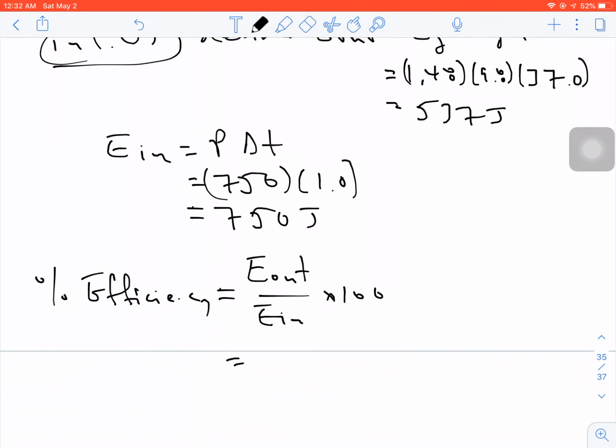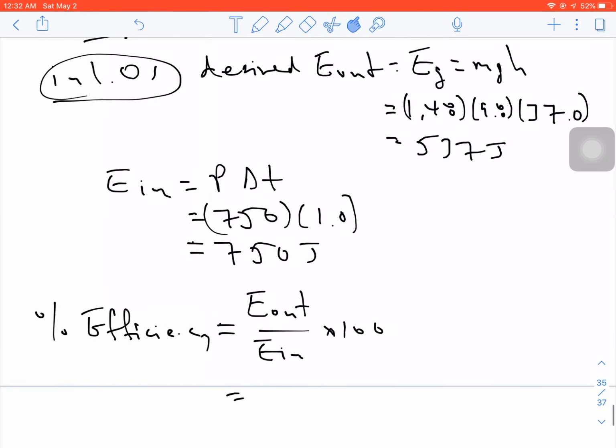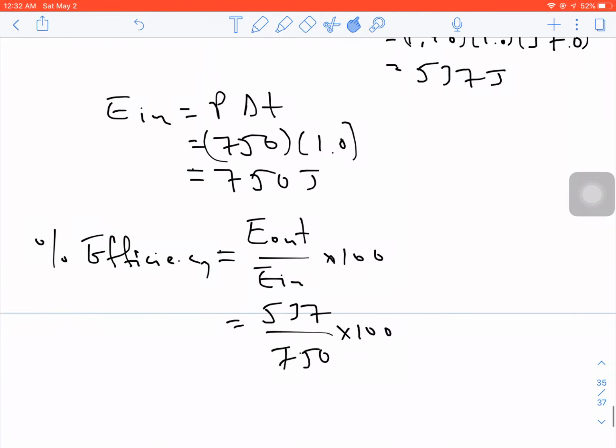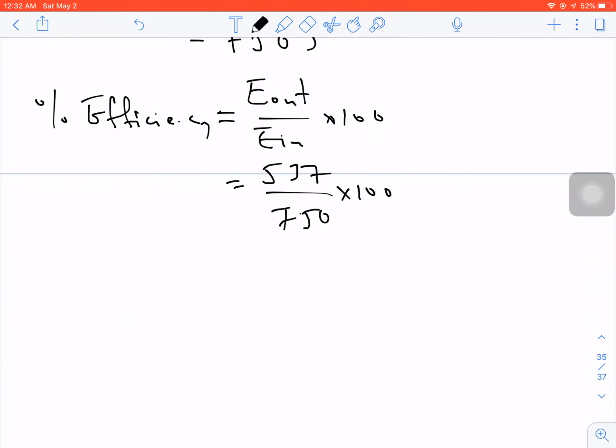My desired energy out, we know up here, was 537 joules divided by my energy in, which we know over here was what the pump was using, 750 joules, times 100, and I'm getting 537 divided by 750 times 100 is 72%.